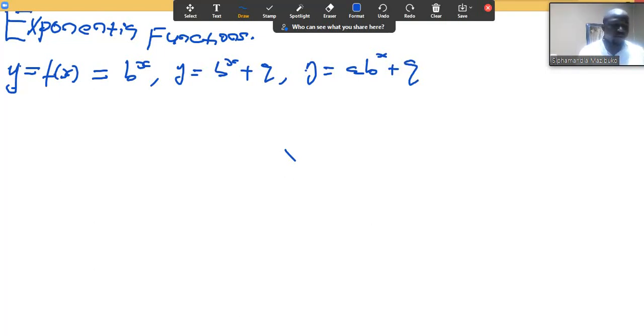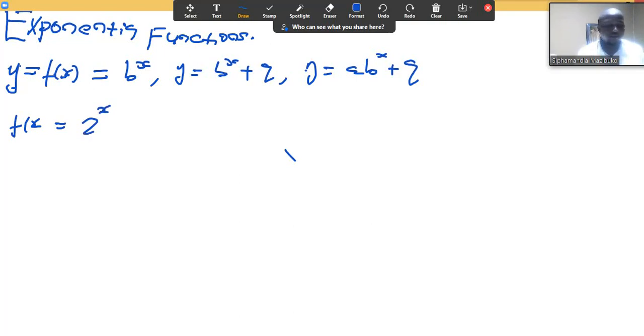So let's quickly look at a few examples. We might have f(x) equal to 2 to the power x.